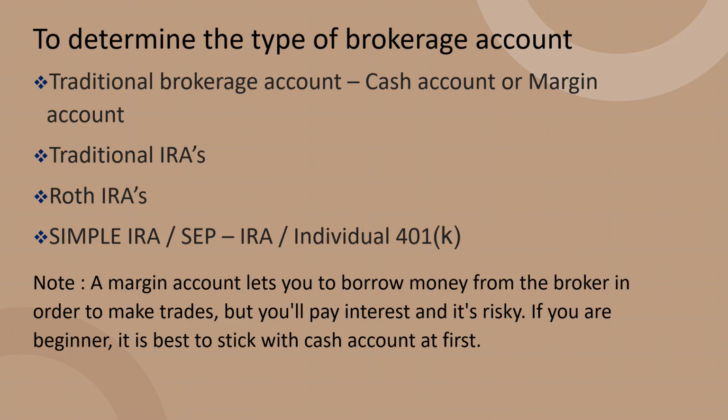And if the market comes down suddenly, there is a chance of the brokerage liquidating your stocks to protect their equity, to protect their $2,000. So if you're a beginner, I would advise it is best to stick with the cash account first, and then slowly as you get experience and more comfort, you can look at adding a margin account to a brokerage account.